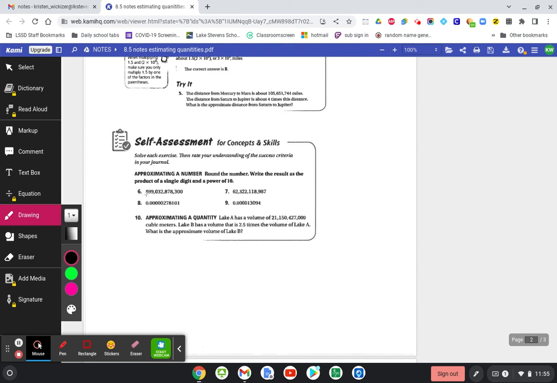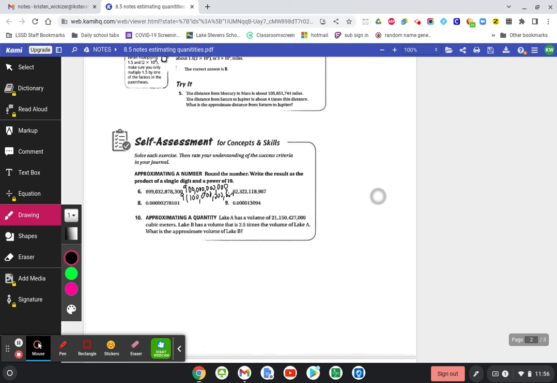If I am rounding to this spot here, the 9 after the 8 tells me to round it up. So that is going to become 9 with 1, 2, 3, 4, 5, 6, 7, 8, 9, 10, 11 zeros after it. And then remember to factor out the 9, and then it's going to be 11 zeros.